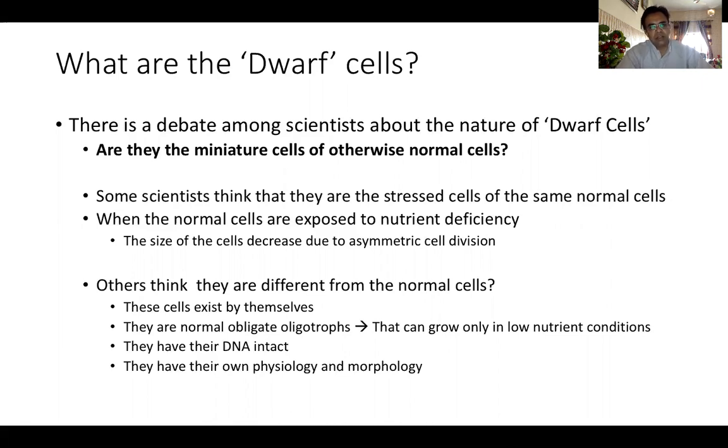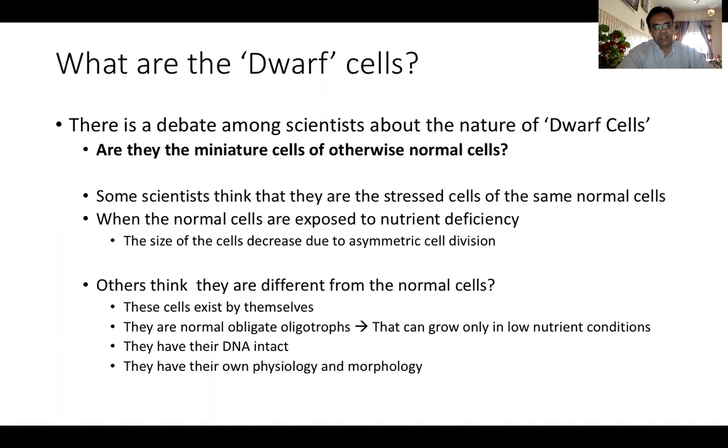One theory is that they are miniature cells of the normal cells that we see on plates. Because of stress conditions, either nutrient or moisture stress, their size shrinks and they become small. This is one set of theory.